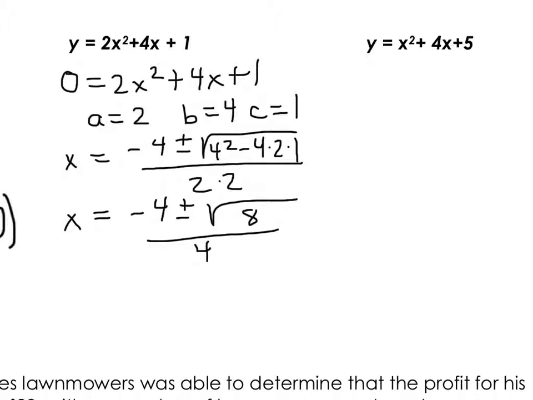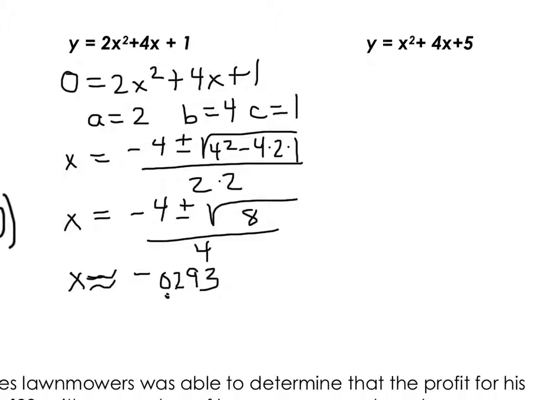So if we take -4 plus the square root of 8, and we divide that by 4, we will get approximately -0.293.